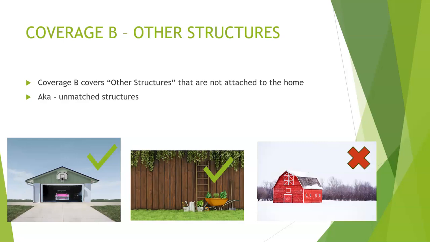Except for barns. Be careful with those questions because a barn is a farm structure, and a farm and its structures are not covered in a homeowner's policy. So there may be a trick question pertaining to barns under coverage B in your insurance exam.